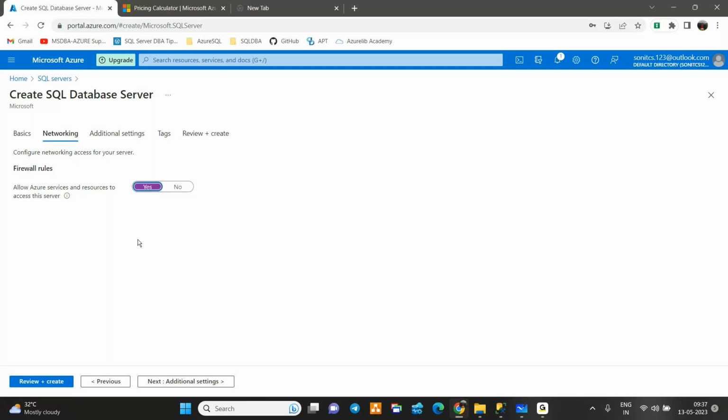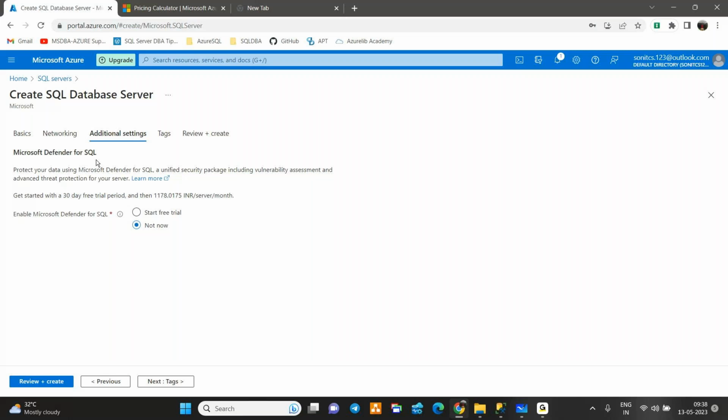Click on additional settings. Microsoft Defender for SQL Server: if you want additional protection, you can select it by choosing Microsoft Defender. Otherwise, you can go for no additional protection. That's it. Just click on review and create.